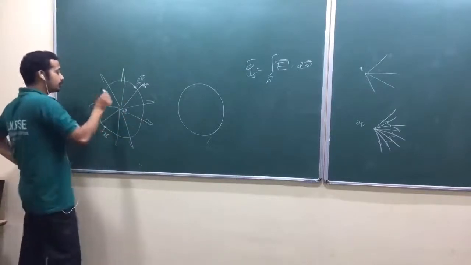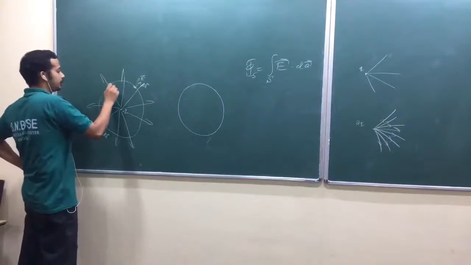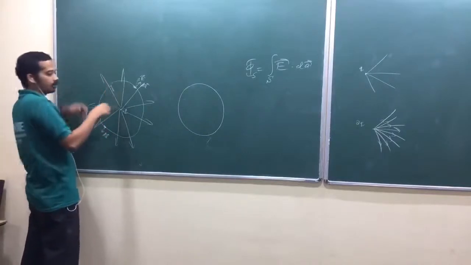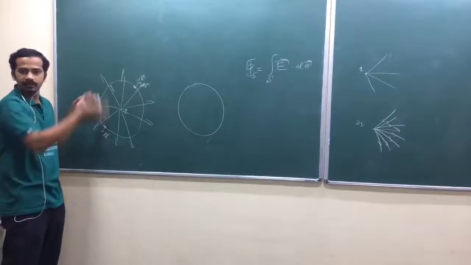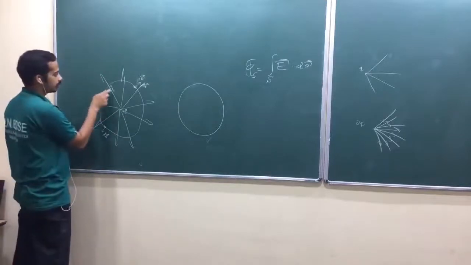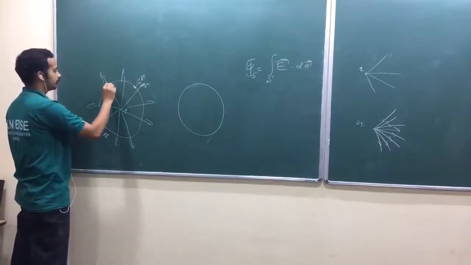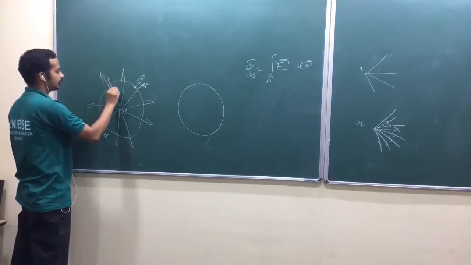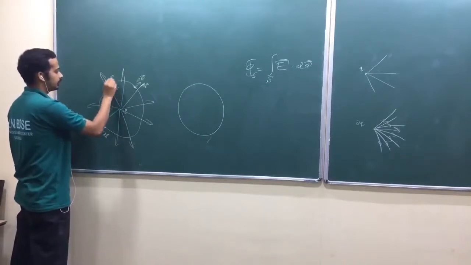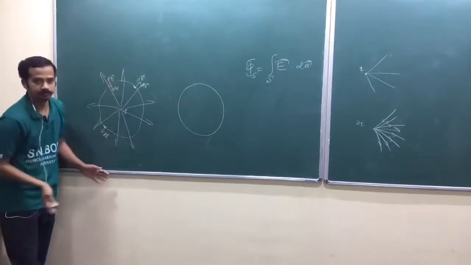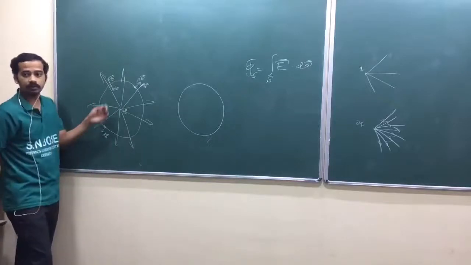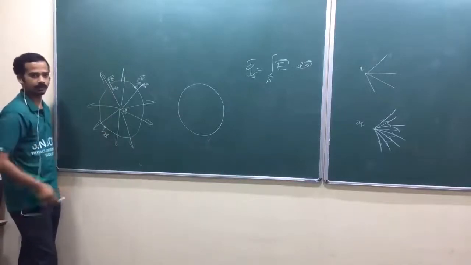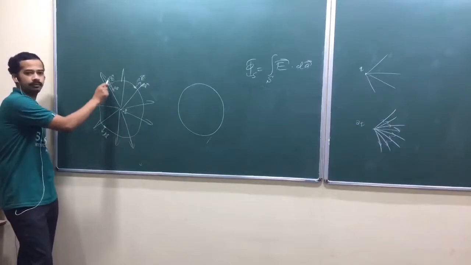Suppose you have chosen your area vector inward to that region, what would happen? Look at here. If the electric field is like this and the dA vector like this, then it's 180 degrees, or an obtuse angle. It need not be 180 degrees, remember, obtuse angle. Then look at here, negative flux.